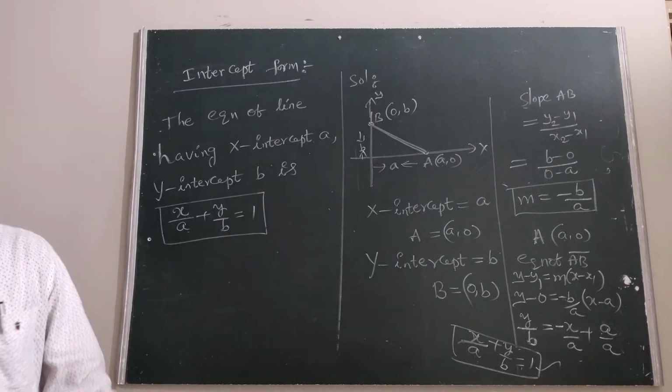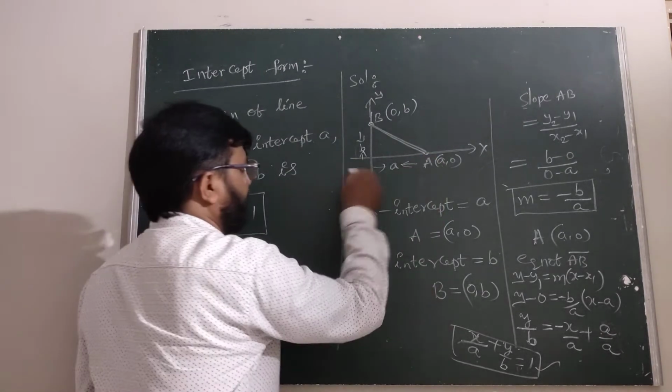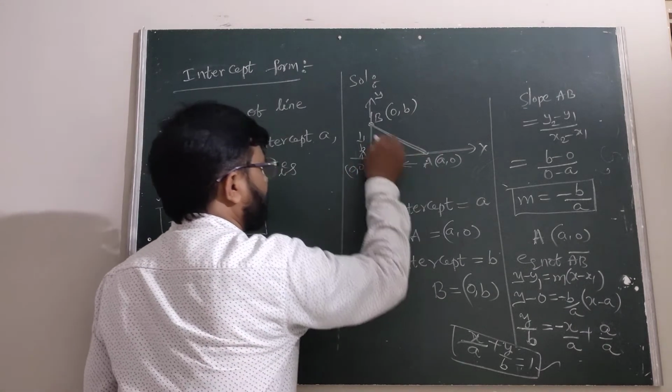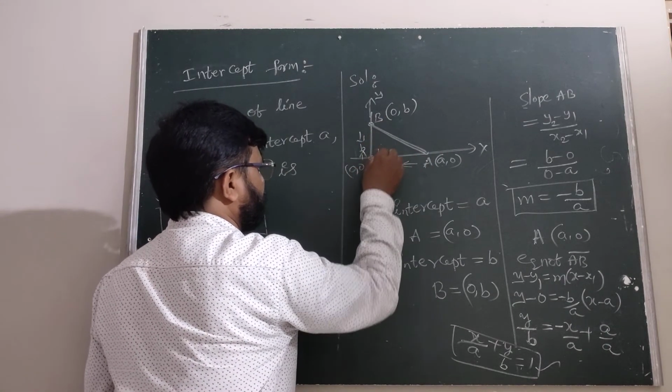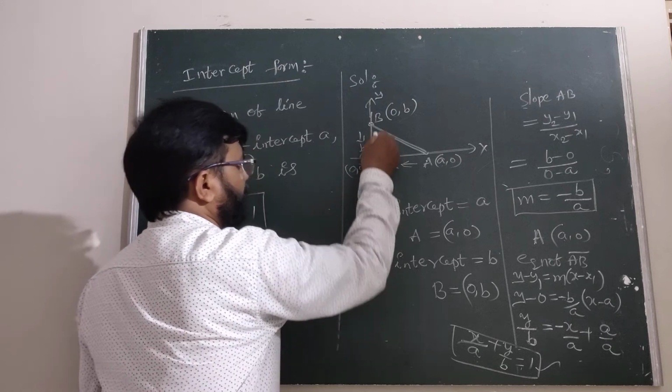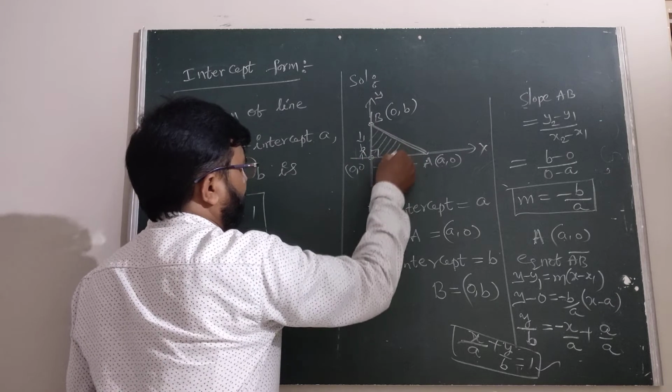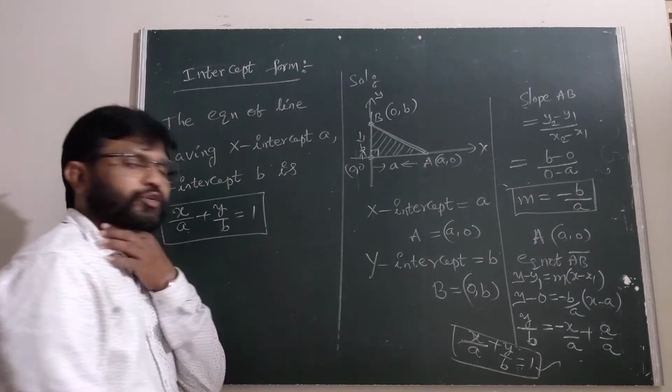When it intersects the x-axis at A and y-axis at B, this is the base, this is the height, this is the right angle triangle. We know that the area of the right angle triangle is half base into height.